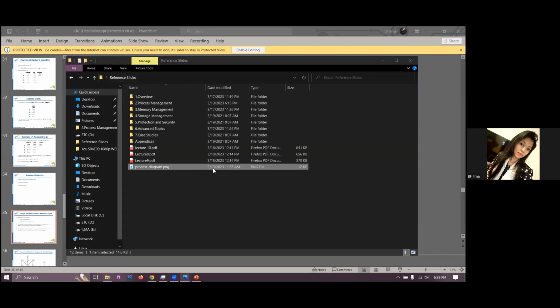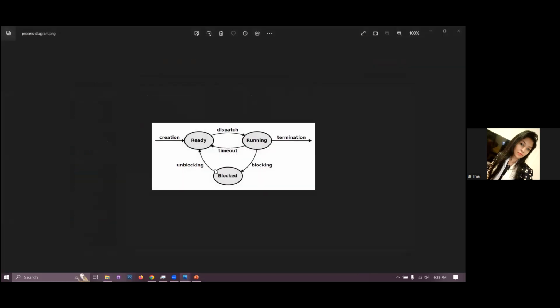If you consider the state of processes which I showed earlier, scheduling can happen either when a process is suspended or terminated, or it can happen at any time. Scheduling that happens only at suspension or termination is called non-preemptive scheduling, while if scheduling can happen at any time, it's called preemptive scheduling.